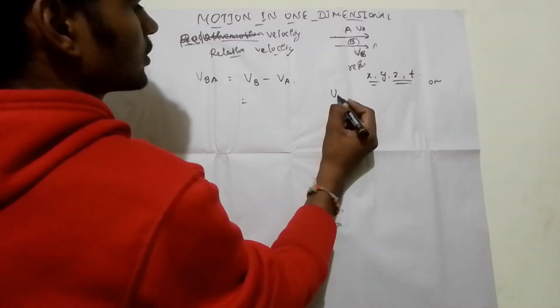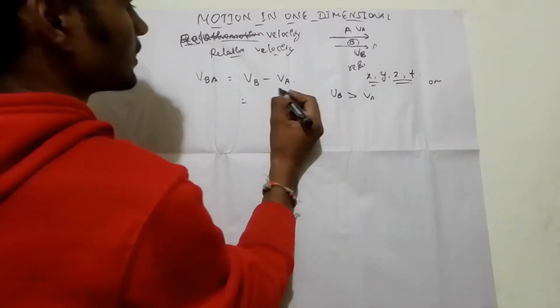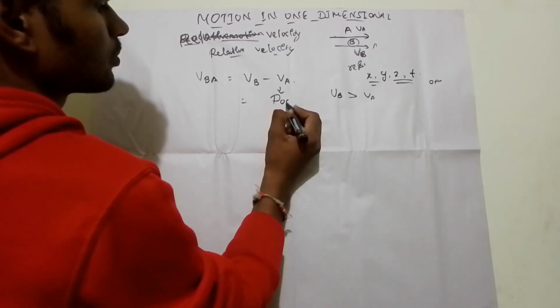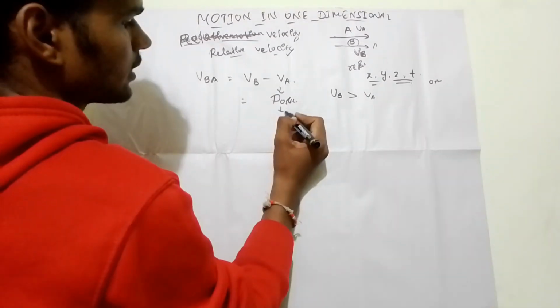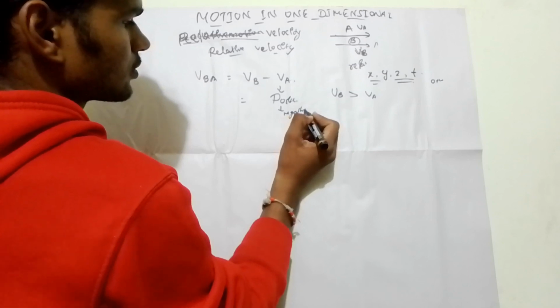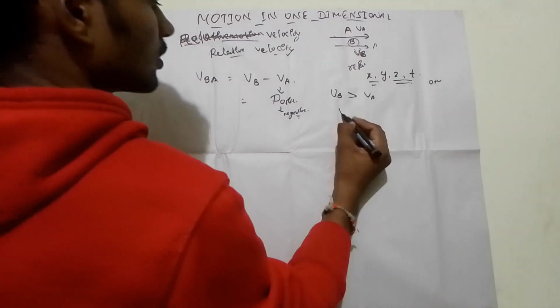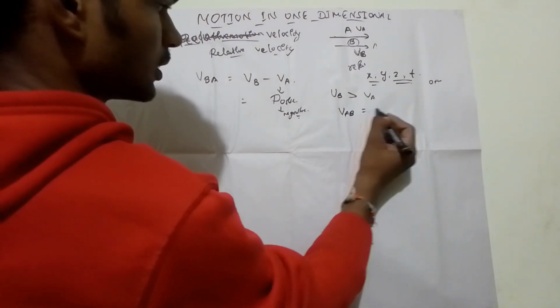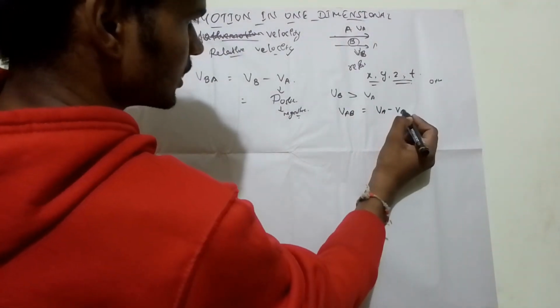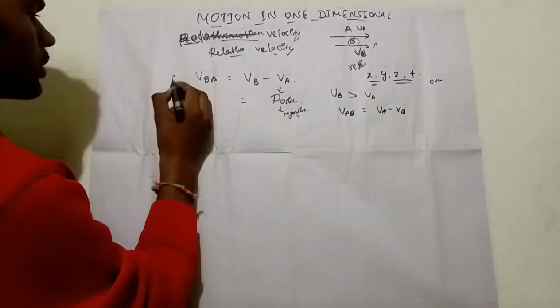If VB is greater than VA, this will be positive, otherwise negative. Similarly, the velocity of A with respect to B is VA minus VB. This is one of the conditions.